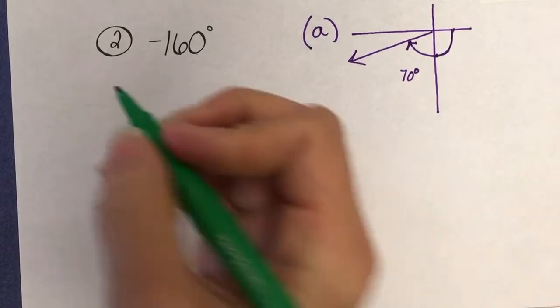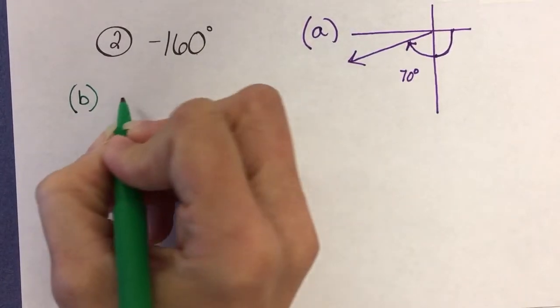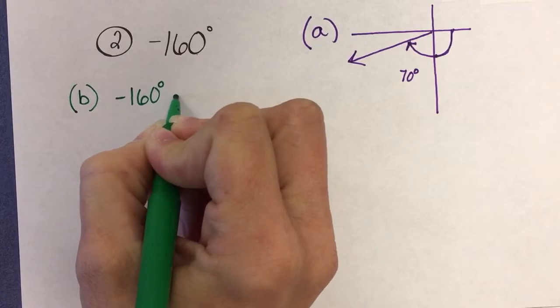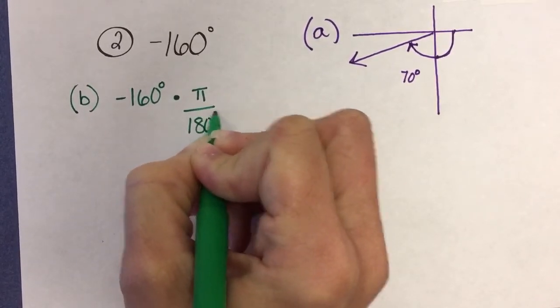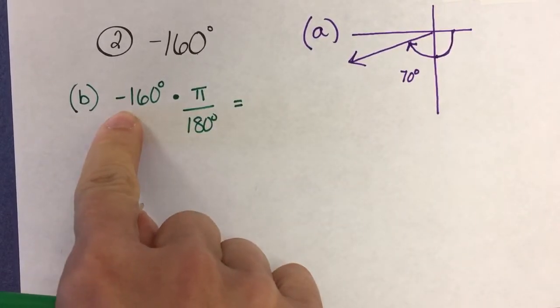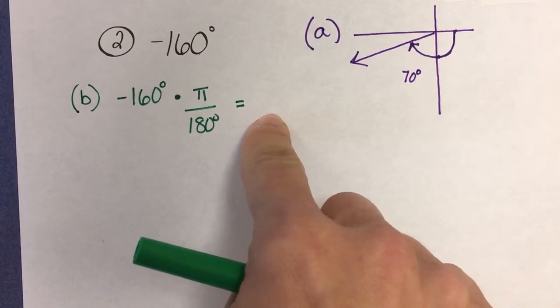Okay, B part is to change it to radians. So we're going to multiply this times pi over 180. Now, anytime that your angle is negative in degrees, it will still be negative when you convert it to radians, okay?